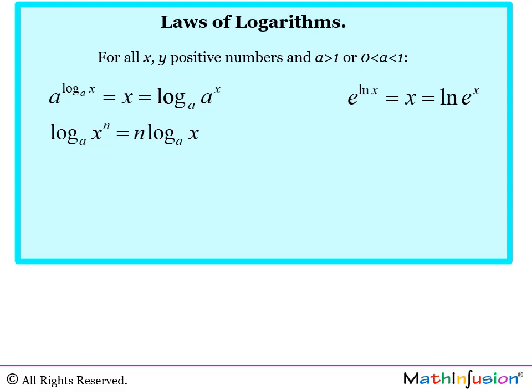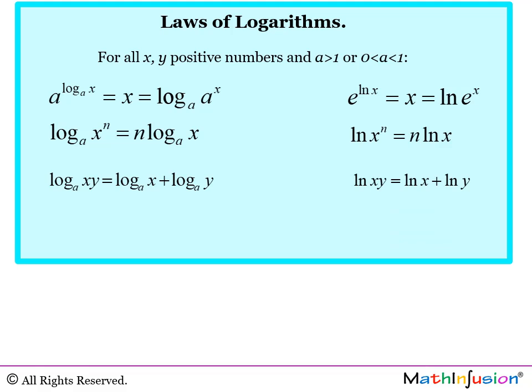Log base a of x to the n is n times log base a of x, and the parallel in the natural logarithm is ln of x to the n is n times ln of x. Log base a of xy is log base a of x plus log base a of y. ln of xy is ln of x plus ln of y.